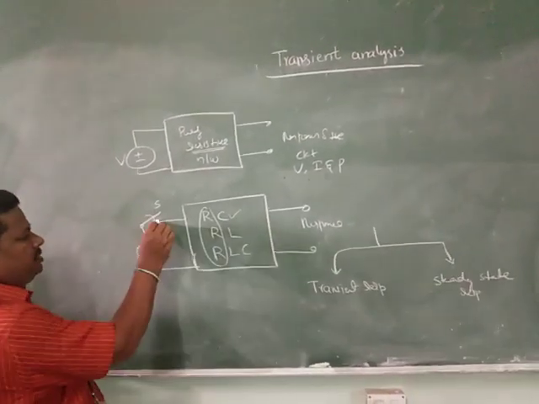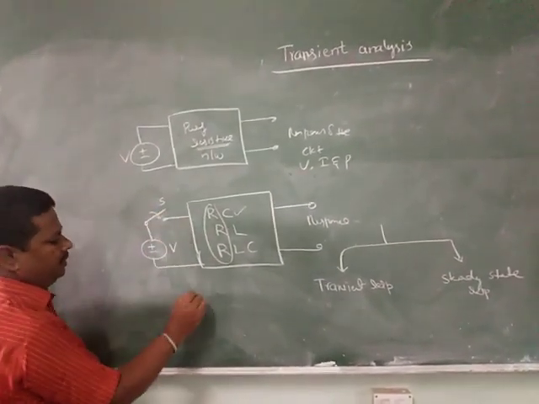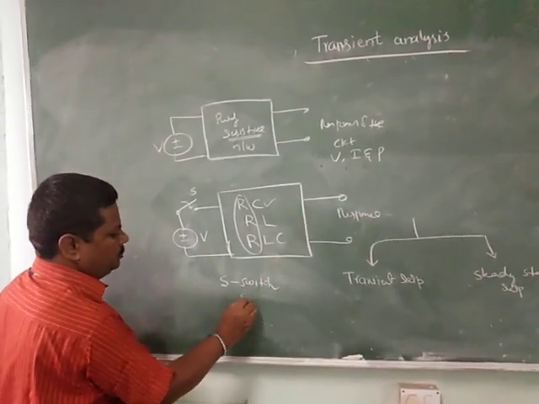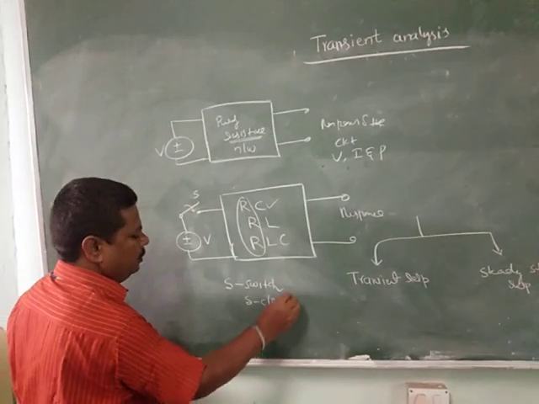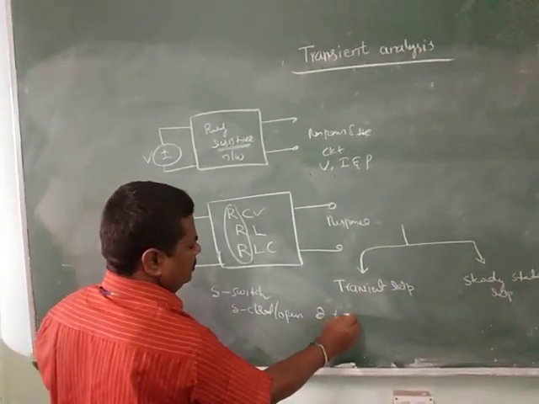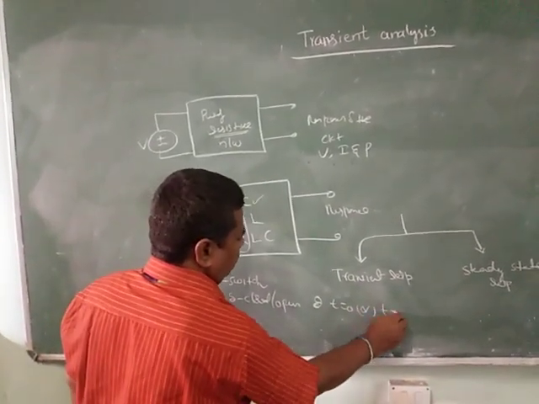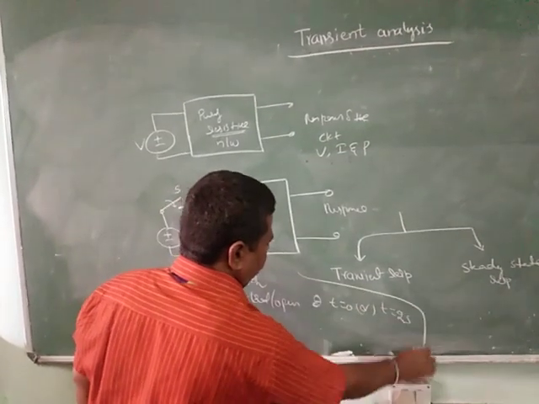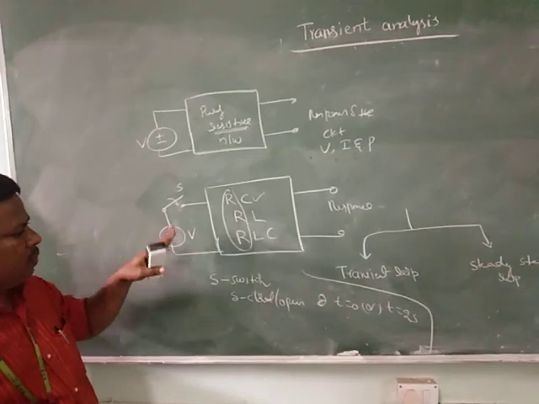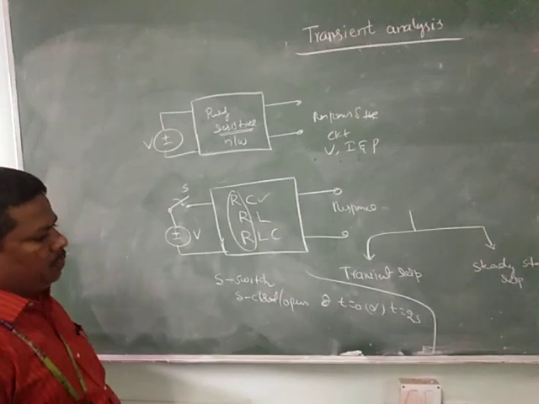Now here there is a switch, where S is a switch. Depending upon the circuit configuration, the switch is closed or open at a particular time instant, suppose at t equal to 0 or at t equal to 2 seconds.